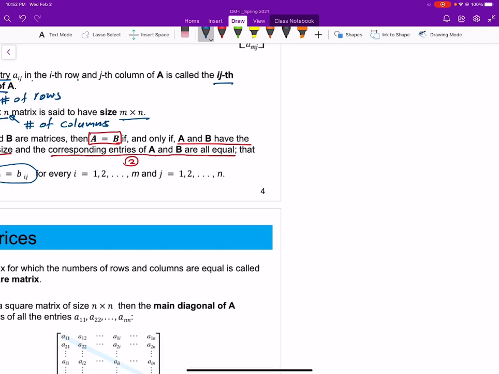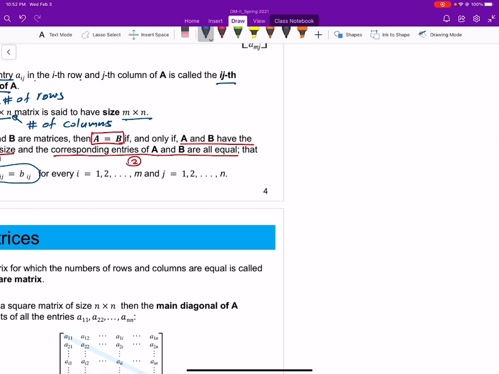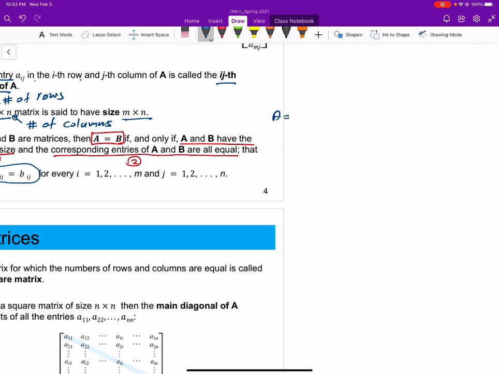As an example, let's say your matrix A is something like this: A11, A12, A21, A22, and let's say your matrix B equals 4, 3, 7, minus 1.